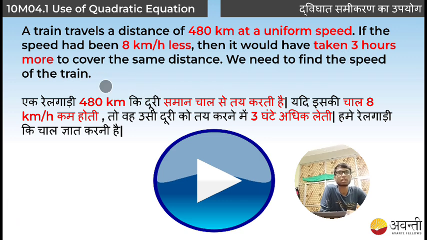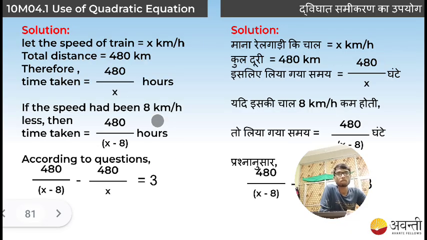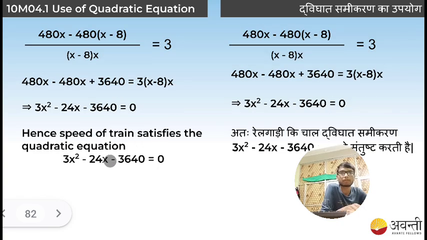We need to find the speed of the train. Here, 480 km at uniform speed, 8 km less for less speed, and 3 hours more to cover the same distance. This is how you will solve it.